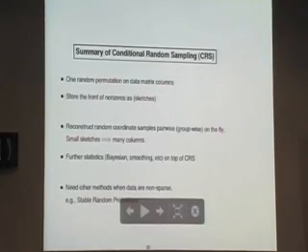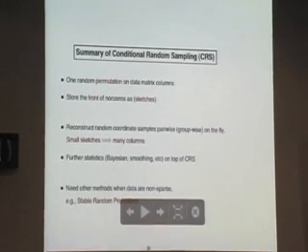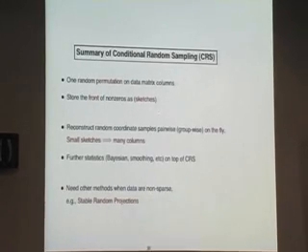So, thanks. Now the summary of this algorithm: you do one random permutation on the data matrix columns, and you store the front of the non-zeros, which is called sketches. You reconstruct the random coordinate samples pairwise or groupwise on the fly, and a small sketch corresponds to many, many columns, depending on the sparsity.